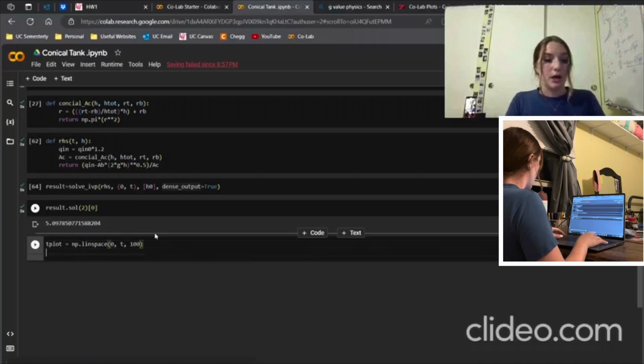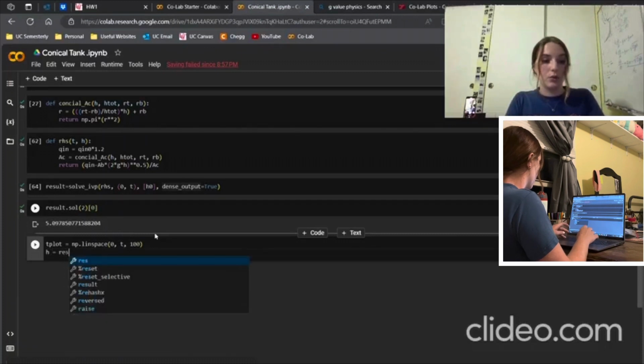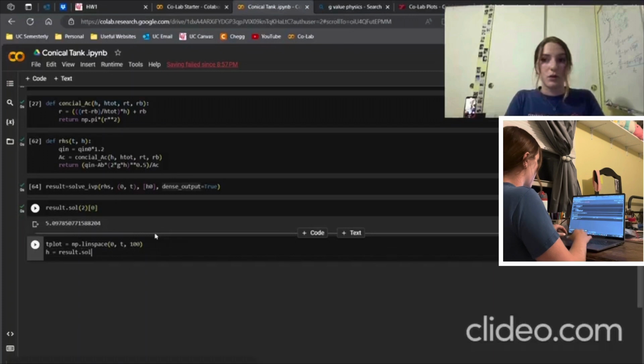So now we have to initialize our h value, and this is going to be our result dot solve tplot, and then 0 in brackets.